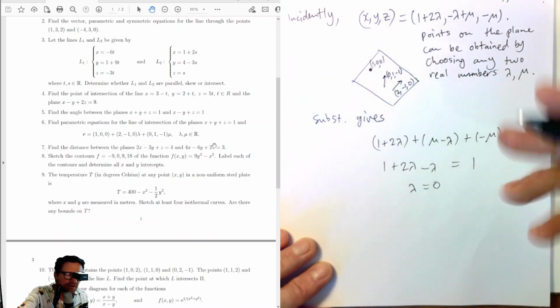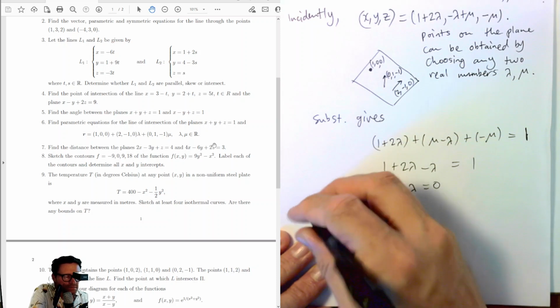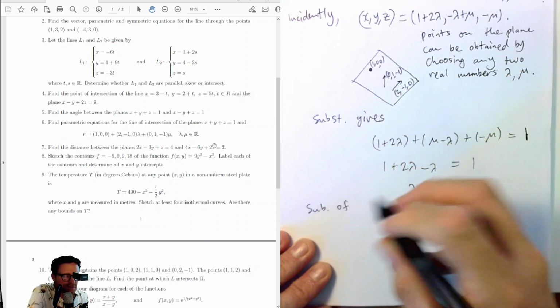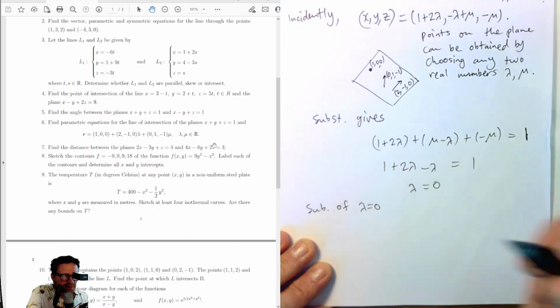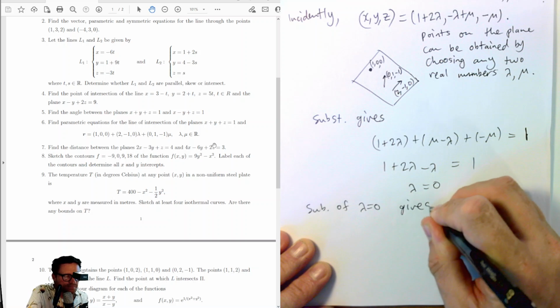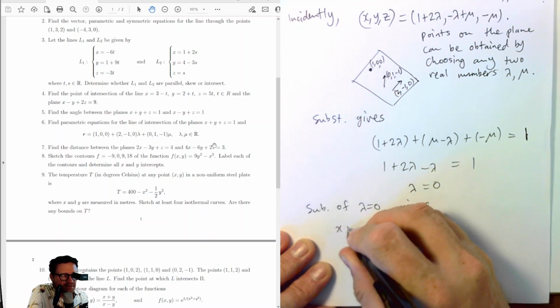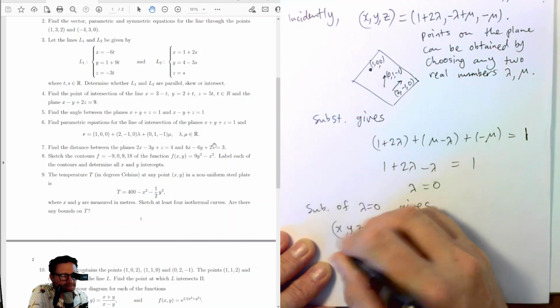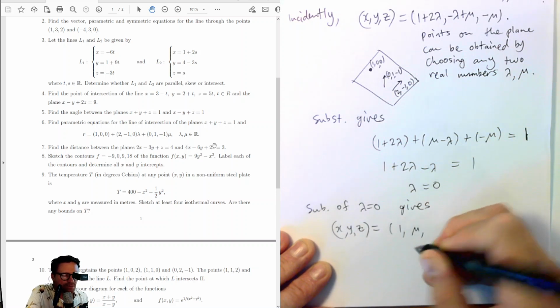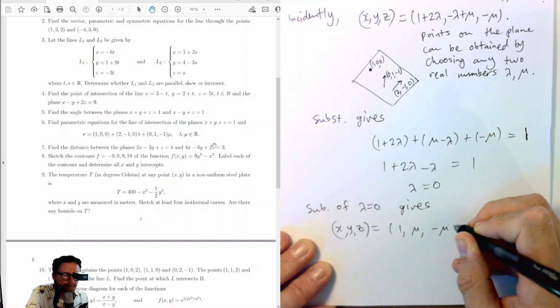If we sub in lambda 0 there, so substitution of lambda equals 0 gives x, y, z equal to 1 comma mu comma minus mu.